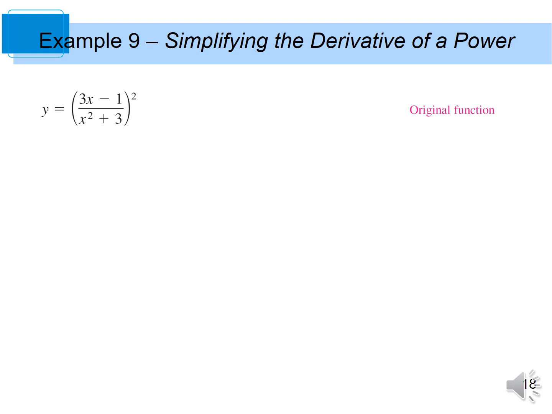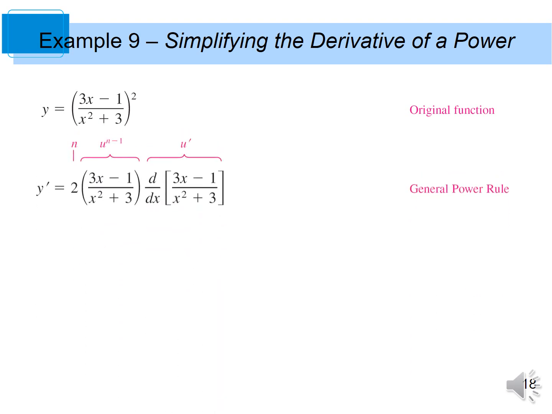So we use the general power rule because the rational function has power 2. So n moves to the front, u to the power n minus 1, 2 minus 1 is 1, then u prime. Our u now is a rational function.